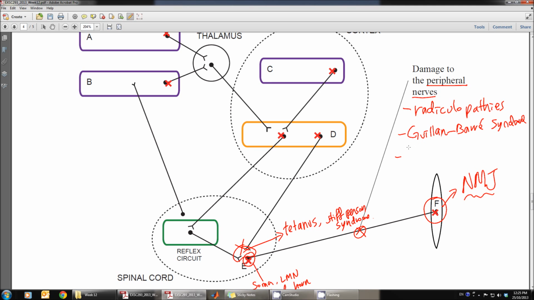Also diabetic polyneuropathies. So these were the topics related to peripheral nerve damage.